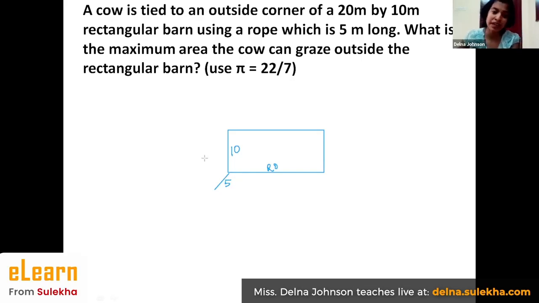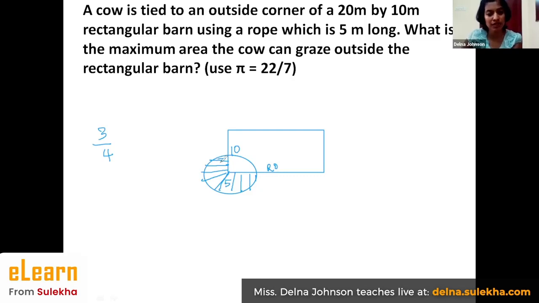So the maximum area which the cow can graze, we know it's like this. As we found in the before problem, the area is pi r square. But over here, you can see that this region is inside. So you need to find the area of the shaded region. Here, it's nothing but 3/4 of the circle, since one part is inside.